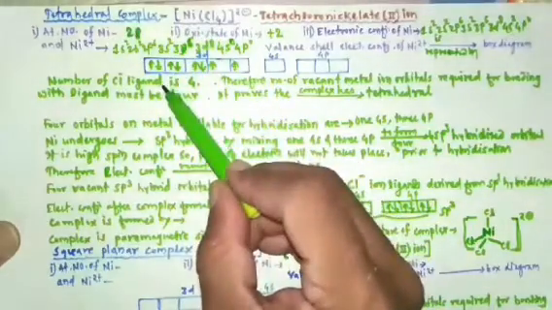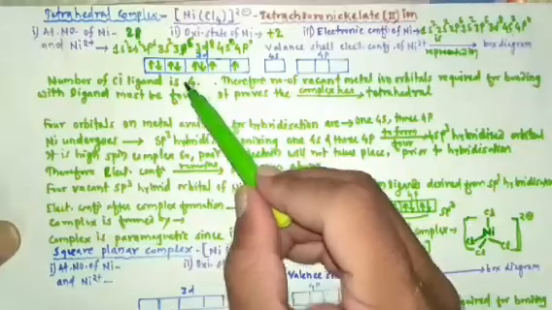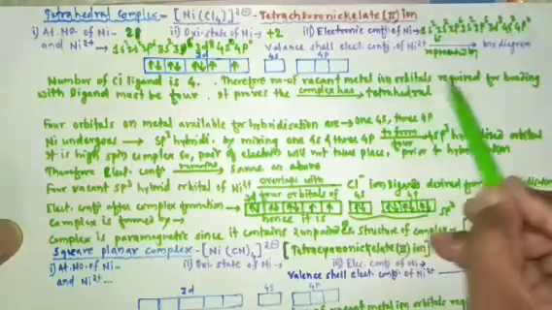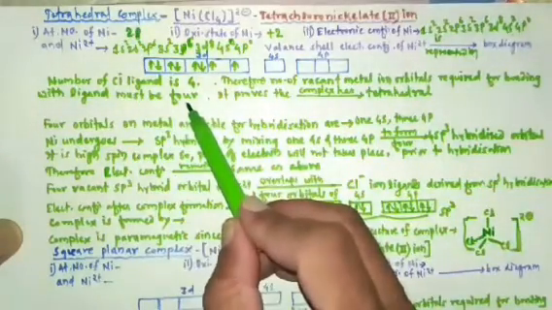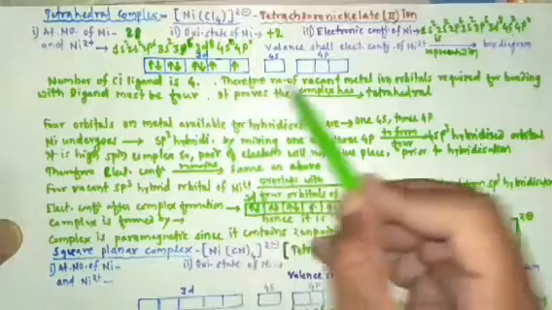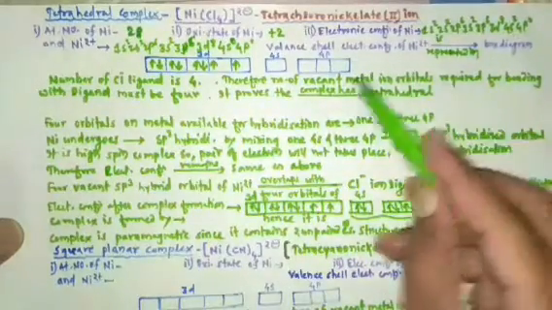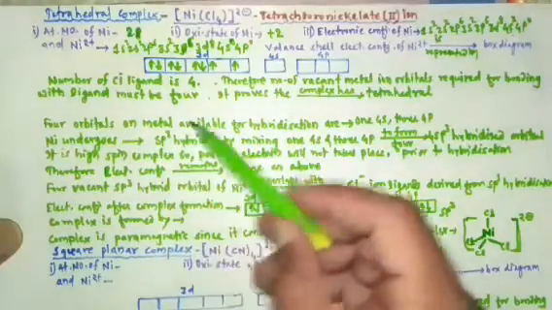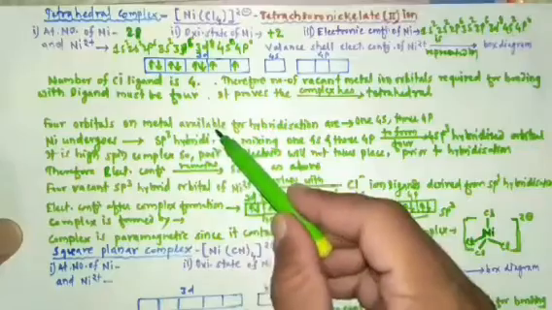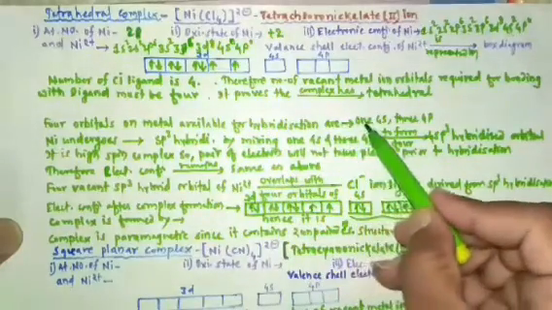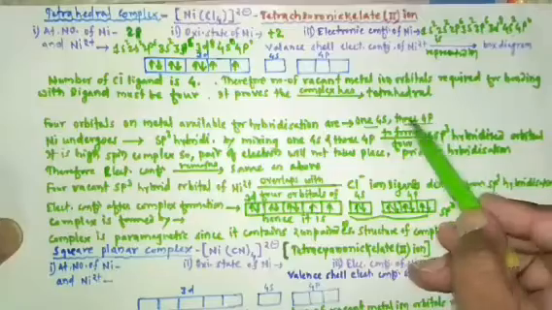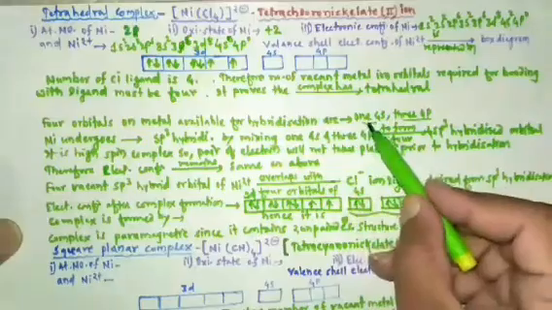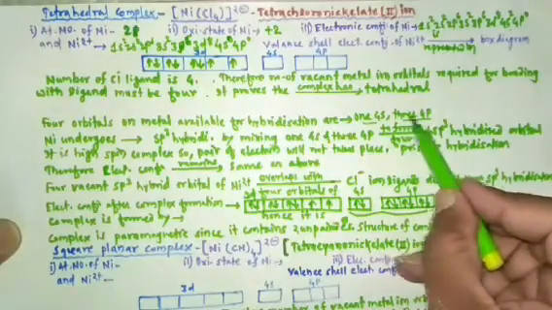In this complex, the number of chloride ligands is 4. Therefore the number of vacant metal ion orbitals required for bonding with the ligands must be 4, which shows the complex has tetrahedral structure. The 4 orbitals available for hybridization are one 4s and three 4p.